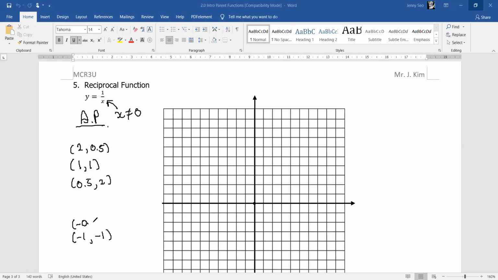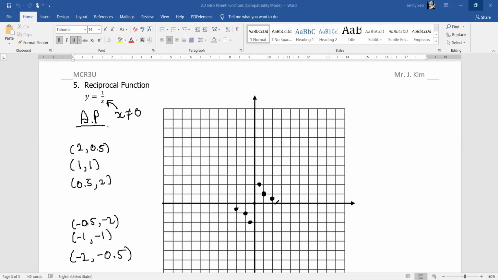If I have a negative 0.5, I get a negative 2. And if I put a negative 2 in, I get negative 0.5. It's mirrored. Let me show you what that looks like. It looks like this. It's sort of like a bow tie.